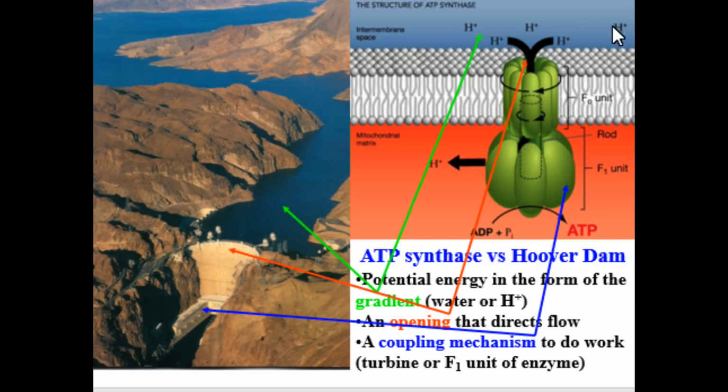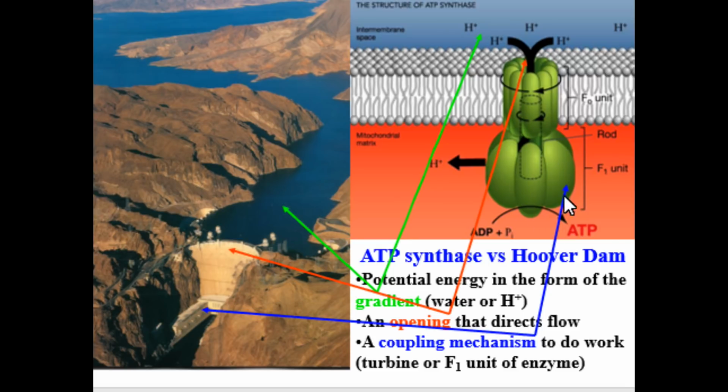All these protons up here in the blue represent a surplus of protons, a high concentration. It's like water behind a dam. The dam is analogous to the cell membrane or the mitochondrial membrane because those protons can't get through. The spillway, where the water goes through and turns the turbines, is like this ATP synthase. Instead of water flowing through, it's protons.